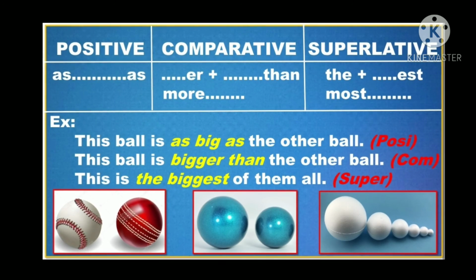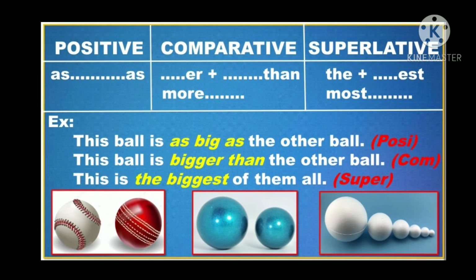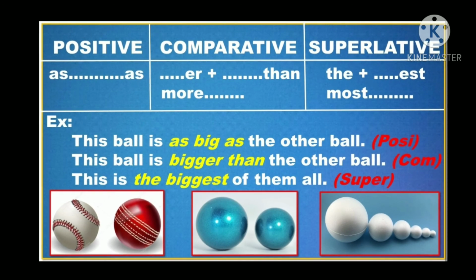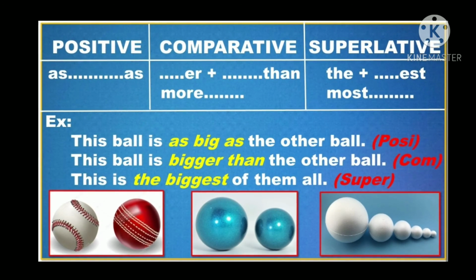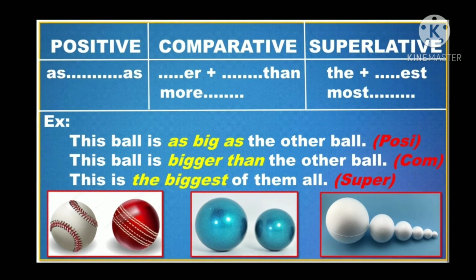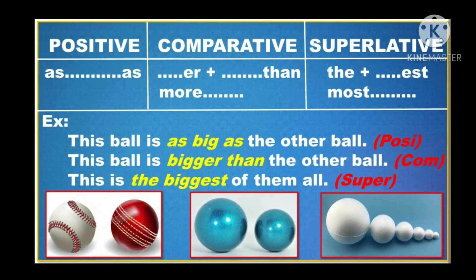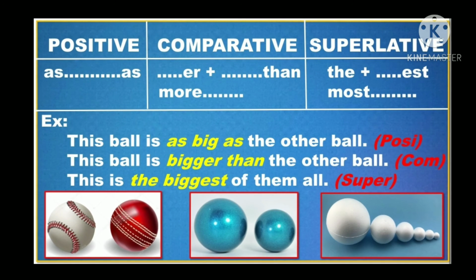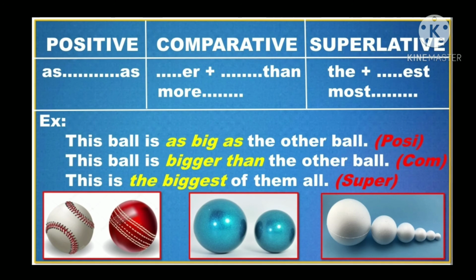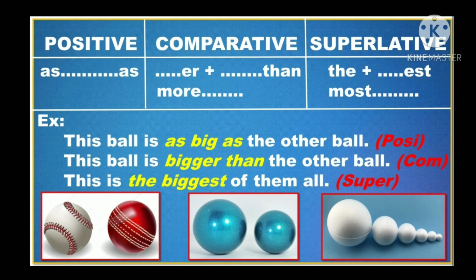When the sentence is in the comparative, we can find out with the help of the adjective word plus er, or more plus the adjective word, along with than. And in the superlative degree, the plus est will be there with the adjective word. Not only that, sometimes we can add most with the adjective word. Clear?